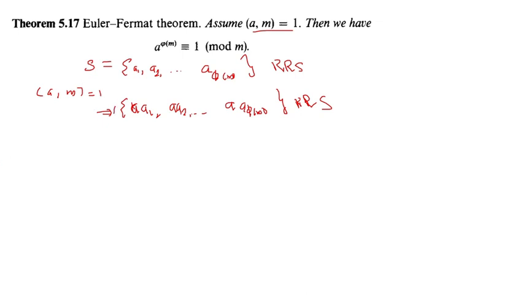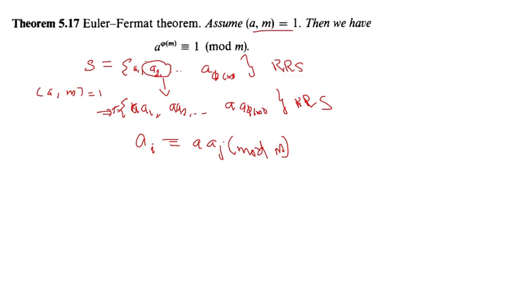That is, for each ai belonging to S, there exists a unique representation. We can take it as T. For each element ai in S, there is a unique representative aaj in T such that ai is congruent to aaj mod m. So S is a reduced residue system, and here we get the set aa1, aa2, etc., aa phi of m is also a reduced residue system.